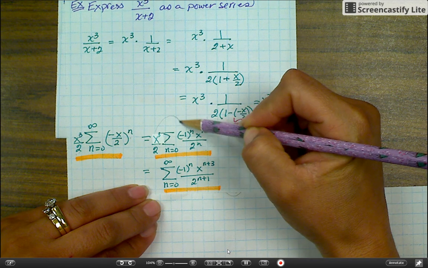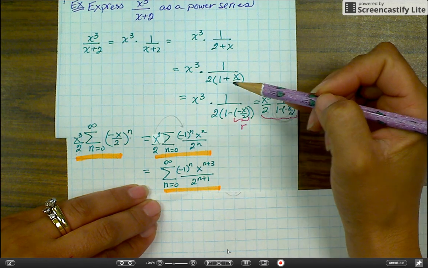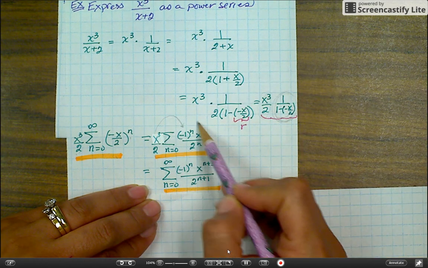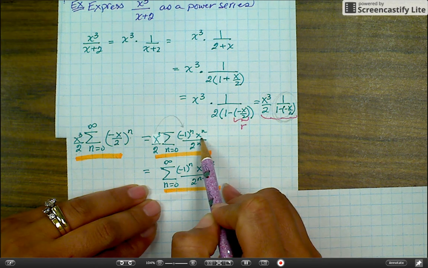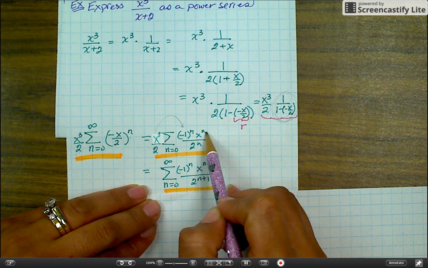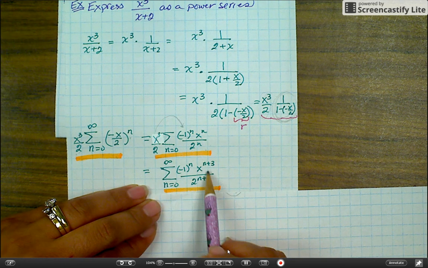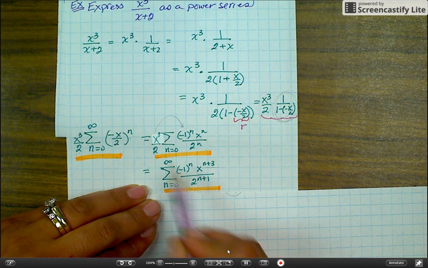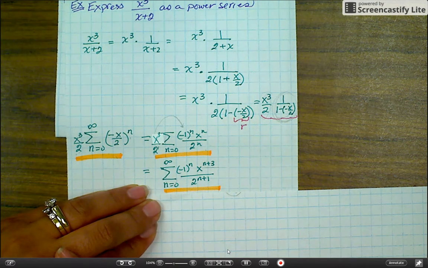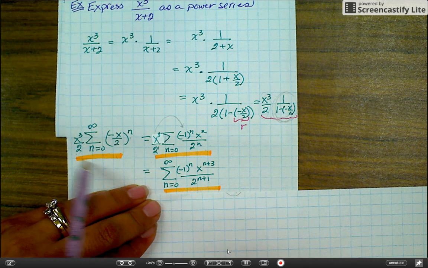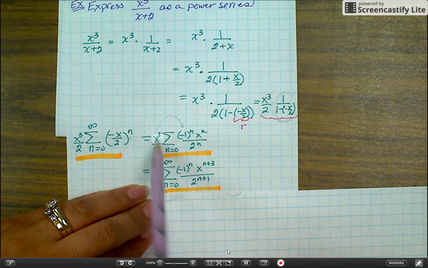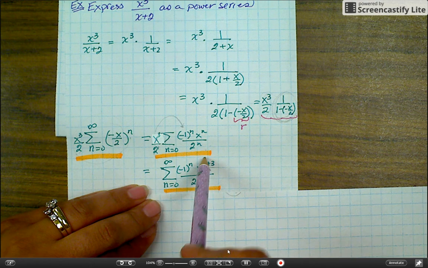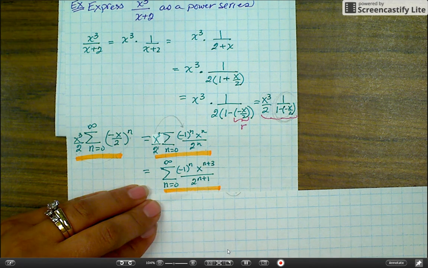We distribute this back in, so it's going to be x to the n plus 3, and 2 to the n plus 1, because this is 2 to the first power. If it's multiple choice, they might have it in this form or this form, so we have to be flexible with that.